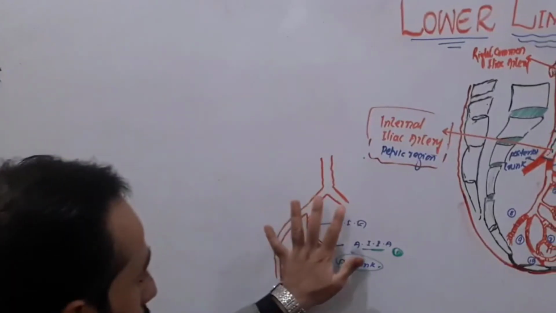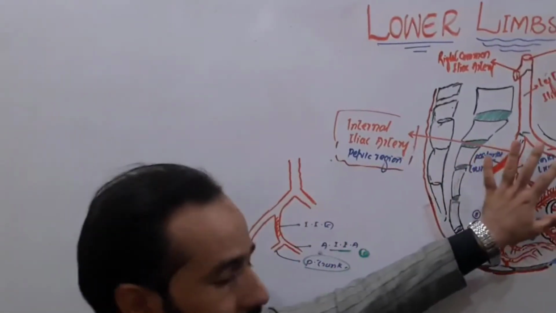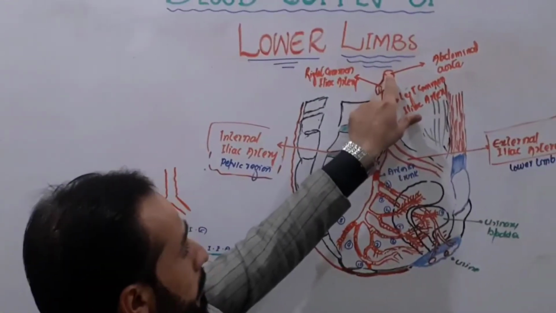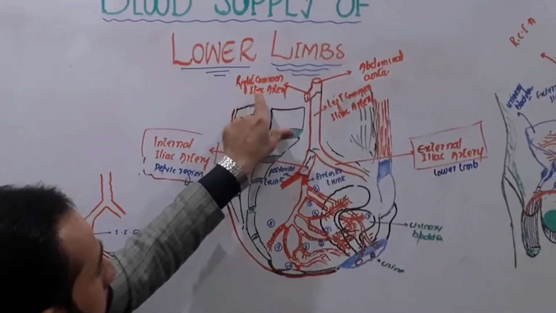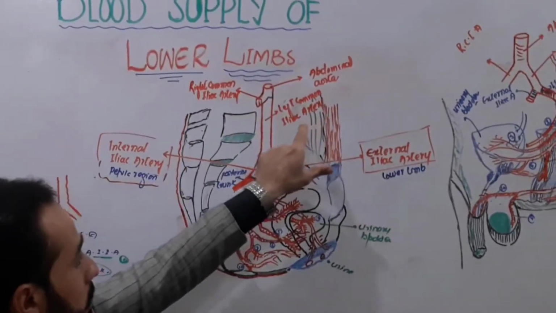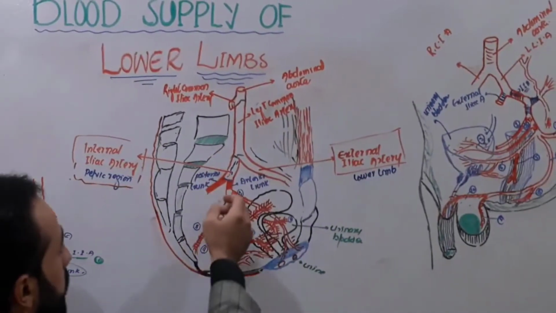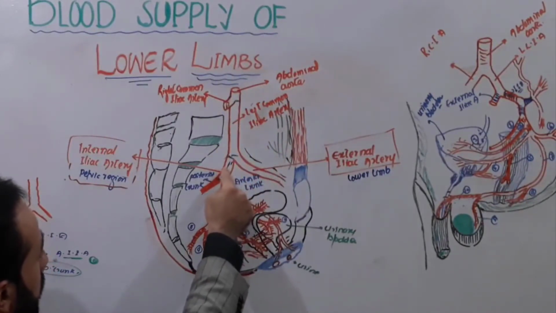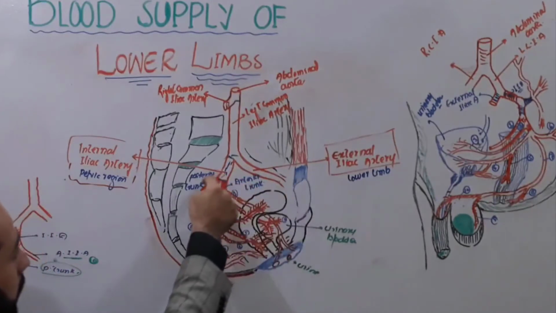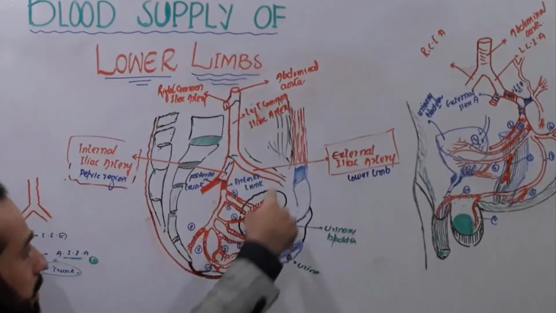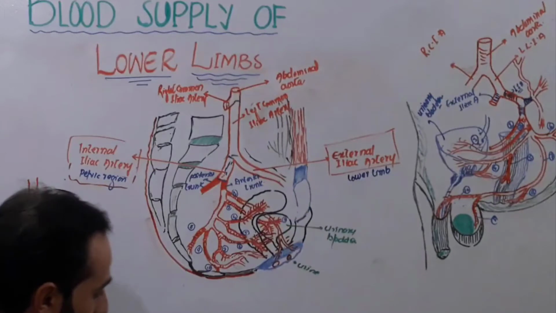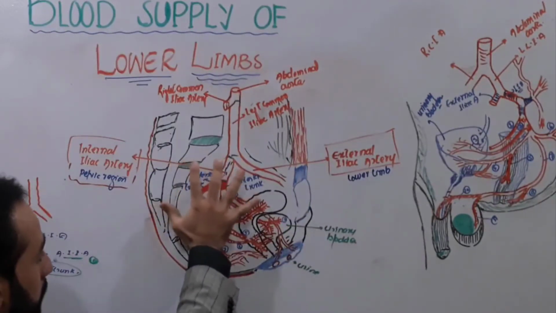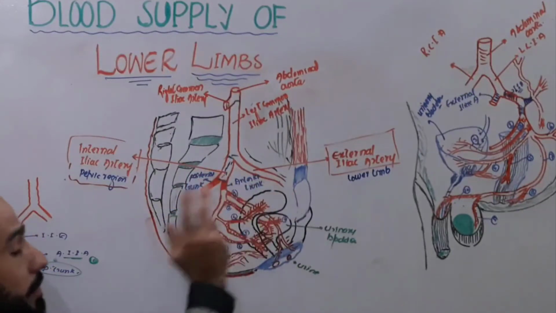So let me mention this diagram also here, right? Look carefully. This is our abdominal aorta. Then the abdominal aorta will give a right common iliac artery and a left common iliac artery. Then these iliac arteries will come down and make the external iliac artery and the internal iliac artery. This external iliac artery will lead to the blood supply of the lower limb, and this internal iliac artery will supply the pelvis, either male or female, right?